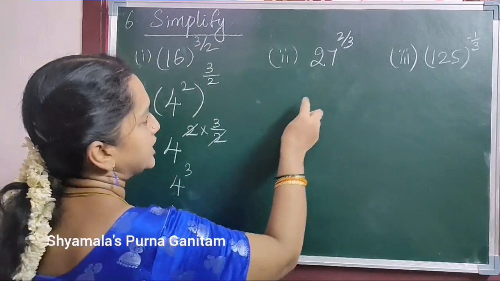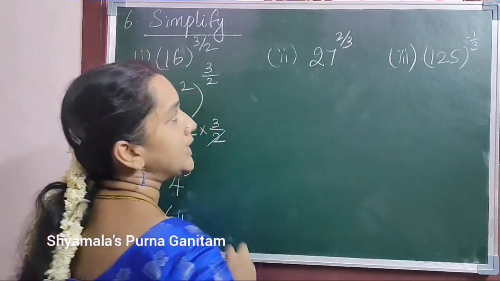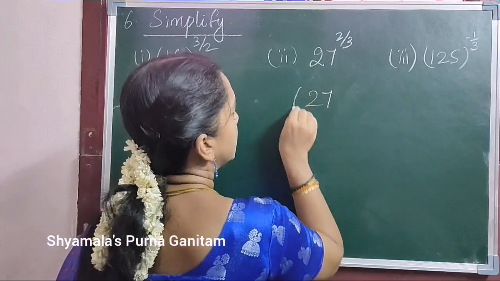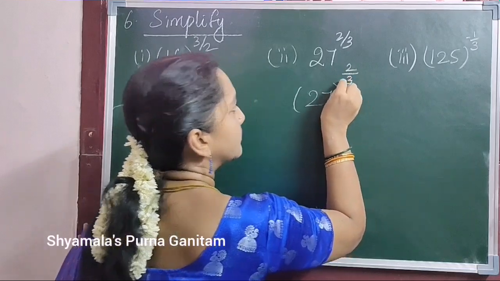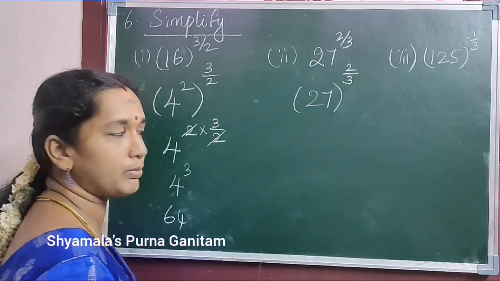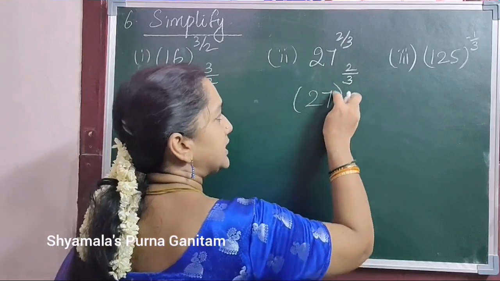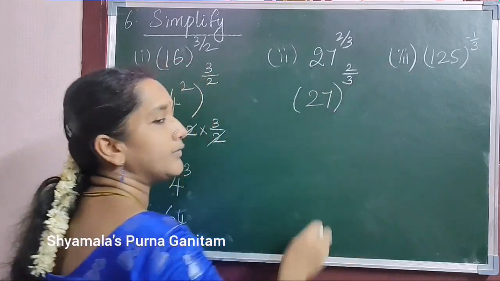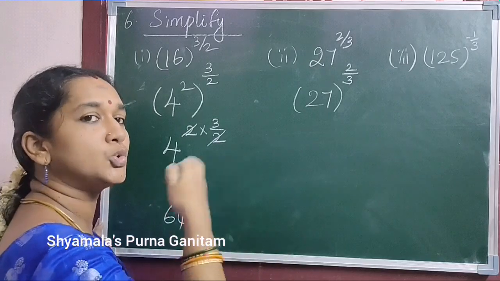Okay. Then next one is 27 whole power 2 by 3. So this 27, how can you write? Here one more thing we have to remember. When you write this 27 whole power 2 by 3, we can simplify this, we can write this in the powers of the denominator that you have in the power. So that it will be easy for us to do the calculation.